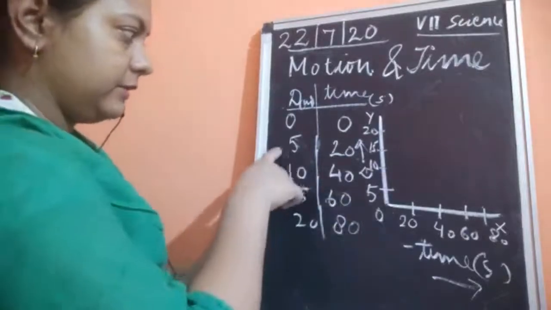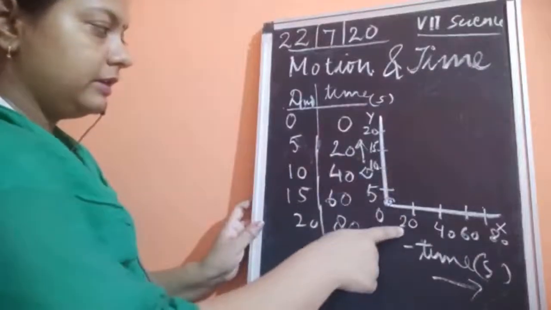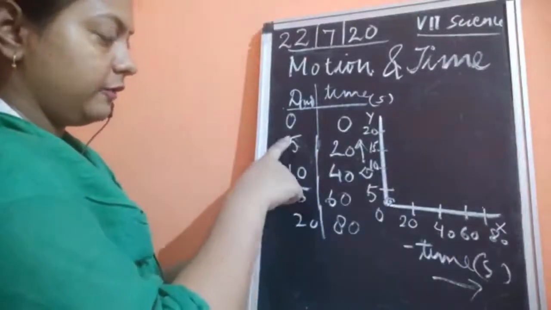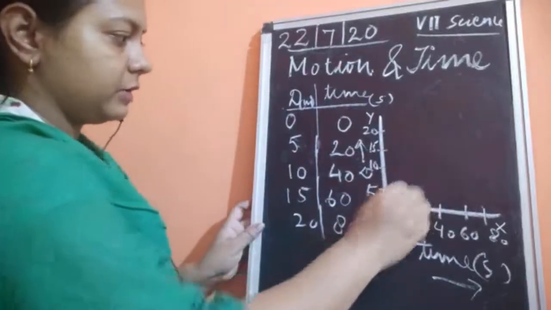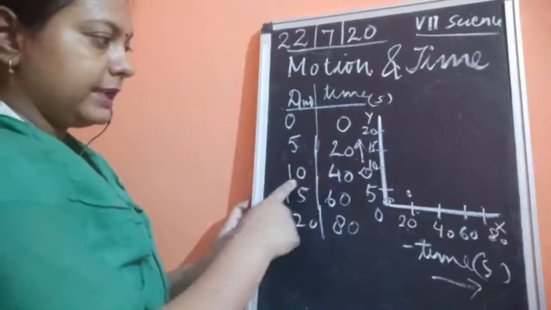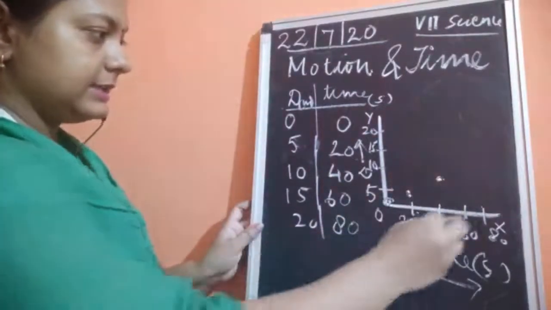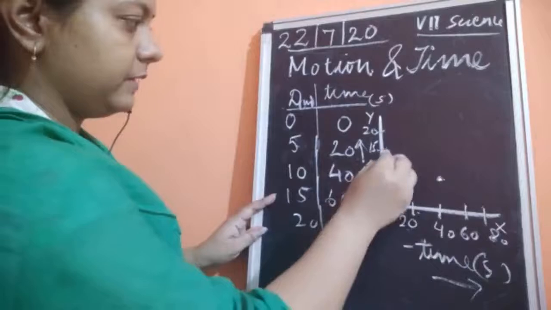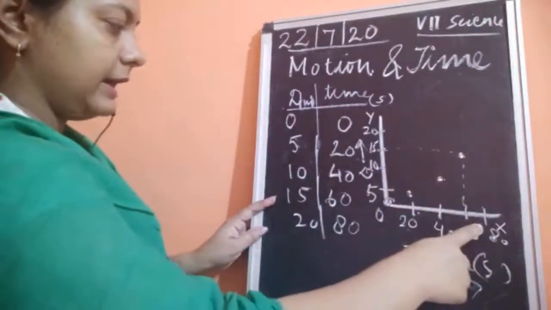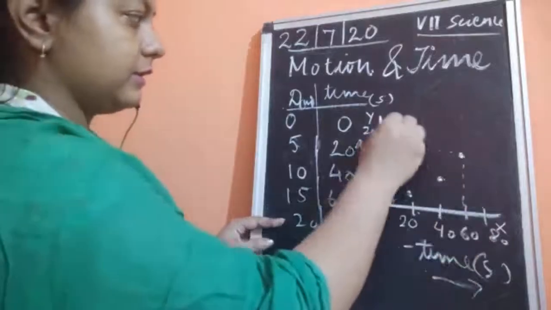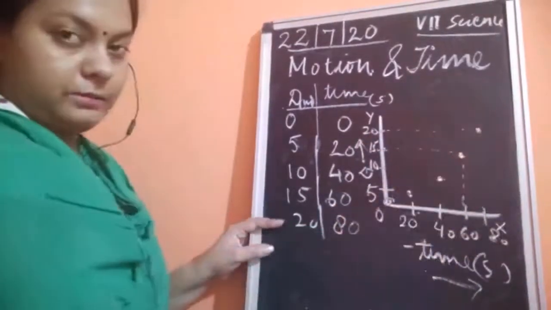For 0 we have 0, which means we are starting from here. Then for 5 meters we have 20 seconds. At 20 seconds the distance traveled was 5 meters. At 40 seconds the distance traveled was 10 meters. At 60 seconds the distance traveled was 15 meters. Then at 80 seconds the distance traveled was 20 meters.